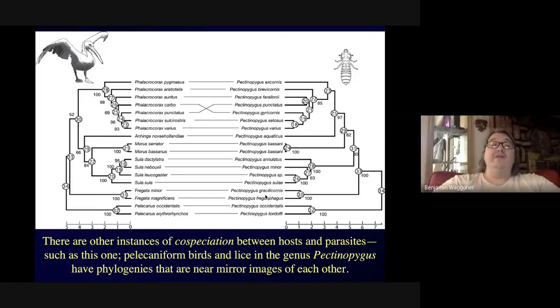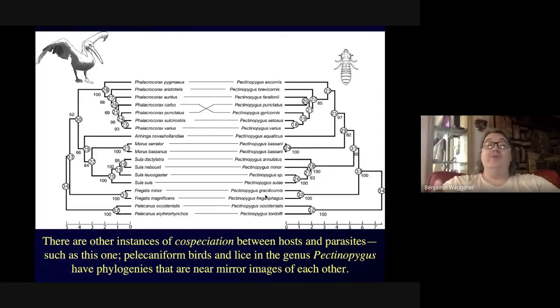On the left, you've got a cladogram of pelicaniforms. That is pelicans and anhingas and boobies and frigate birds. That's the phylogeny over there on the left. And then on the right, there's a phylogeny of their chewing lice in the genus Pectinopygus.